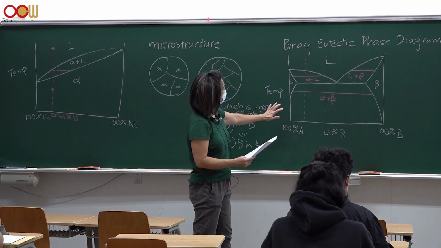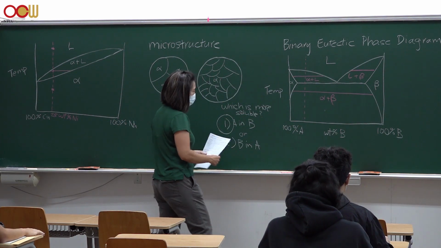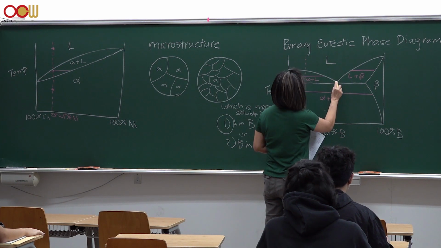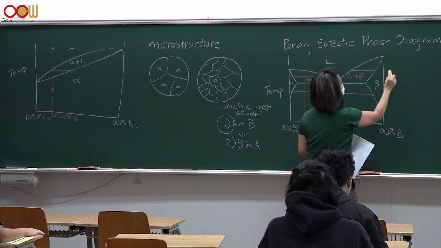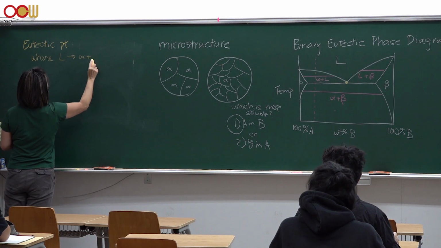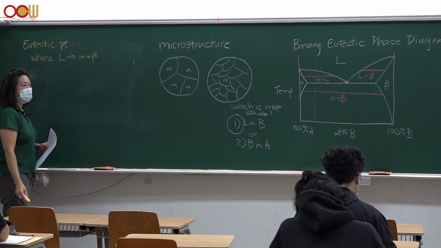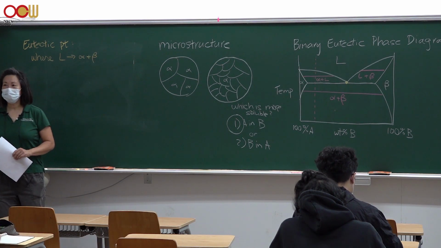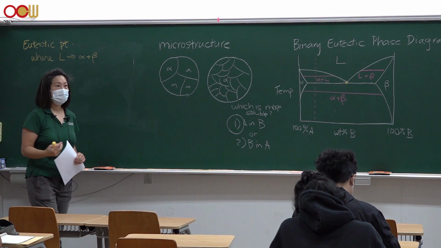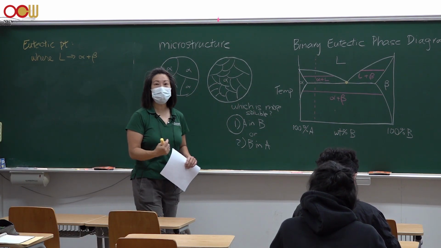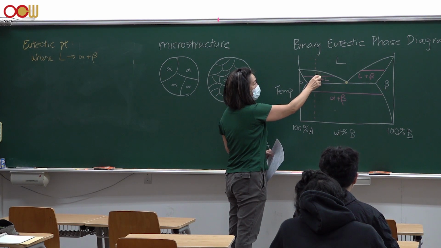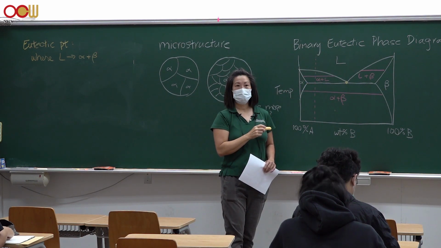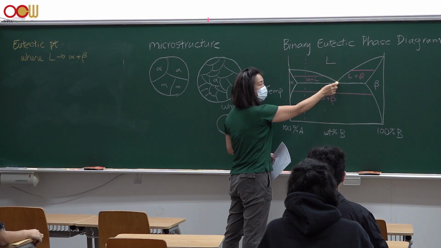Okay, and then this diagram has something unique called the eutectic point. That's why it's a binary eutectic diagram. So where a liquid goes to two solid phases without going through an intermediate stage where it goes to a solid and a liquid first. Right? So this is my eutectic point.